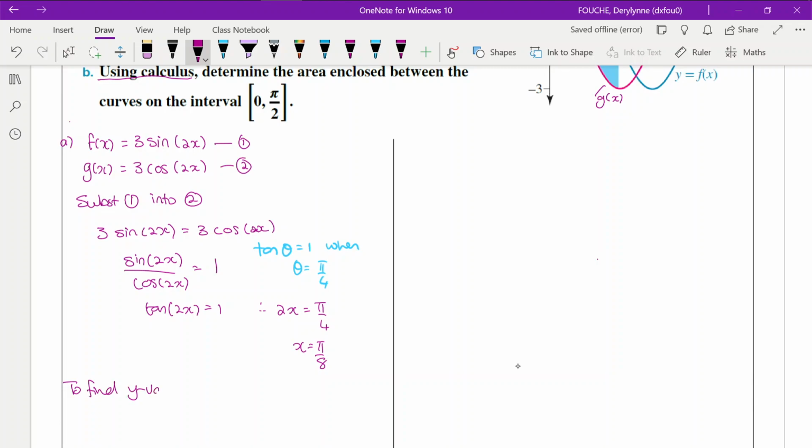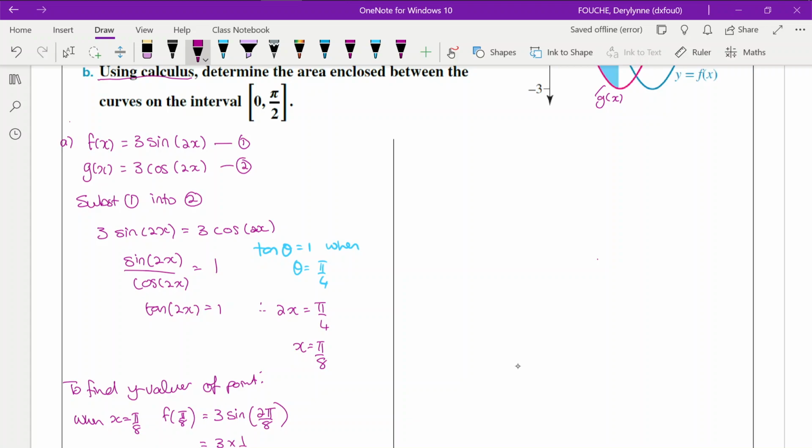Okay, so to find the y value of my intersect, when x equals pi on 8, f of pi on 8 is going to give me 3 sine of 2 times pi on 8, and that's sine of pi on 4, which is 1 over root 2, so we get 3 times 1 over root 2, and I'm going to rationalize that, so I get 3 root 2 on 2.